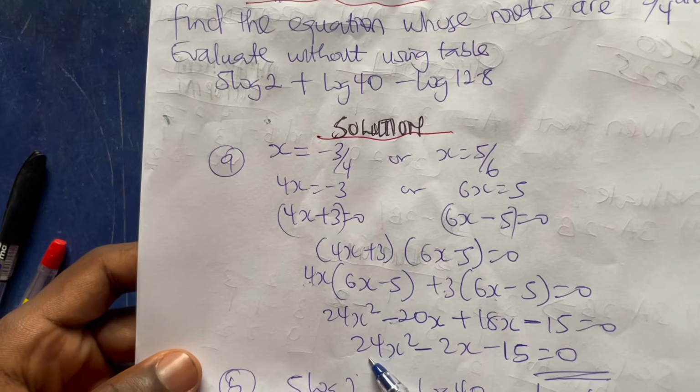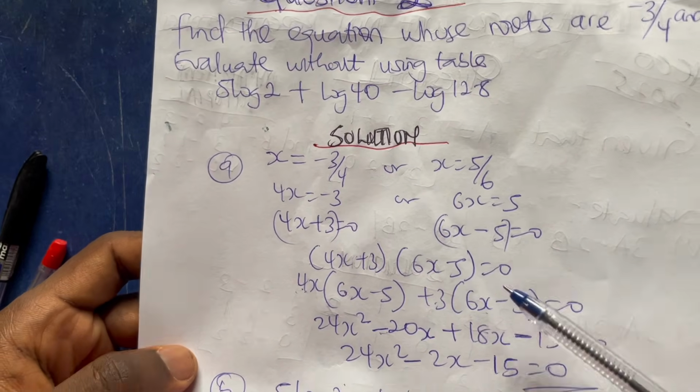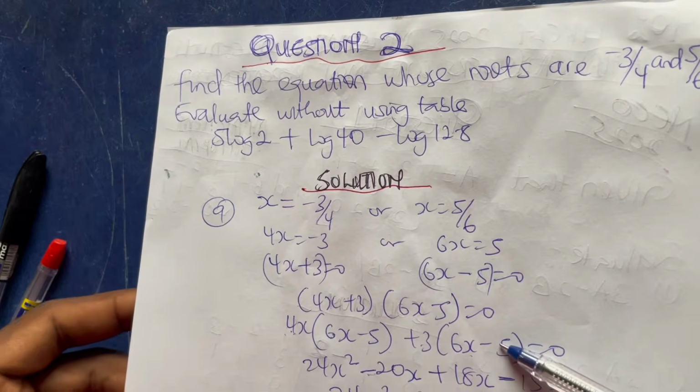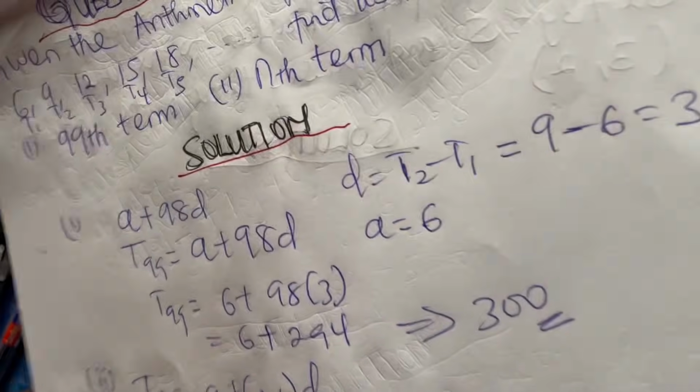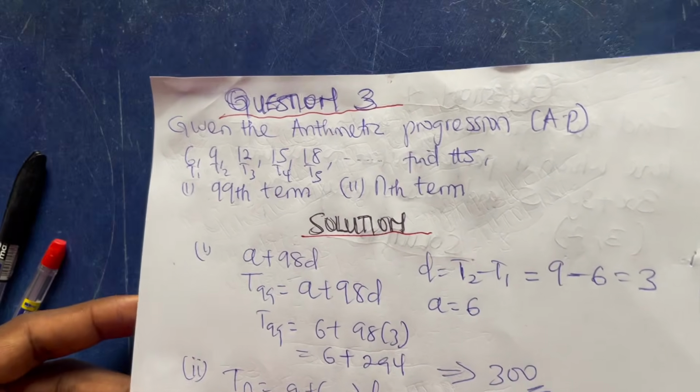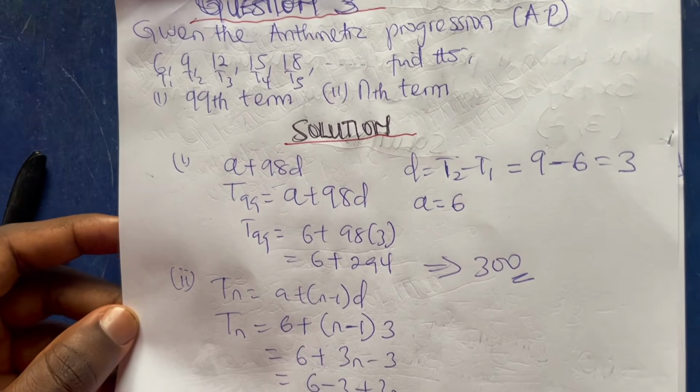So we derive a quadratic equation. So this thing is under quadratic equation, take note of it. This one is under logarithms, take note of it. And then this next one is under sequence and series, that is arithmetic progression.